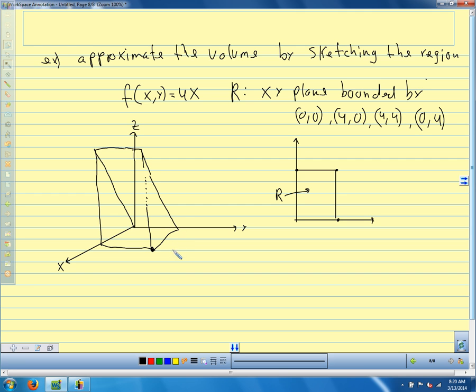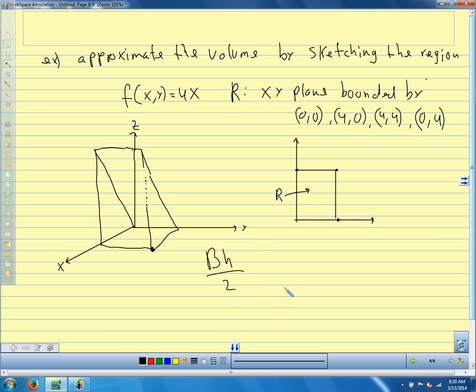It's a triangular prism. How do we find the volume of a triangular prism? Base times height. Base times height is going to give us the volume of a rectangular prism. So what do we do? Base times height divided by 2. So the area of the base times the height divided by 2.